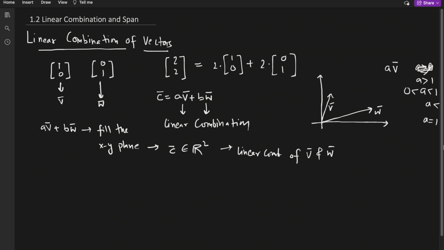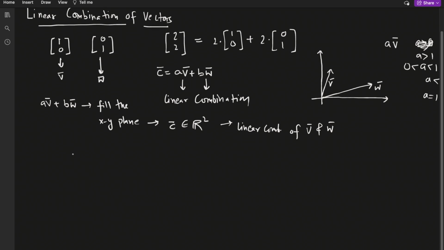The same terminology goes for three-dimensional vectors as well. In 3D, let us suppose we have a 3D vector d. It is nothing but a linear combination of three-dimensional vectors a times v, b times w, and c times gamma.